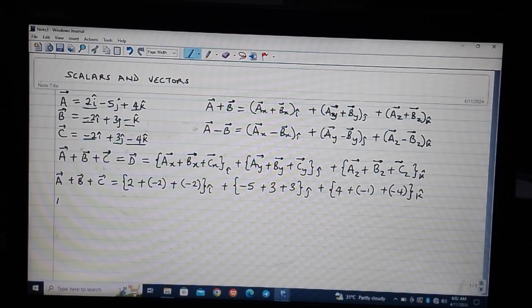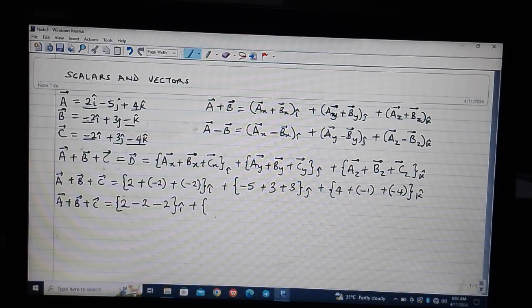So that your A plus B plus C will be equal to 2 plus times minus is minus, so you have 2 minus 2, the same thing here, into i plus minus 5 plus 3 will give you minus 2.